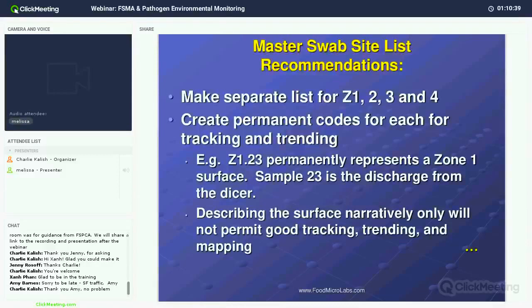So describing the surface narratively, only calling it discharge from the dicer, doesn't help promote or permit good tracking and trending and mapping. And such a big focus in the FSMA rule is persistence of pathogens.